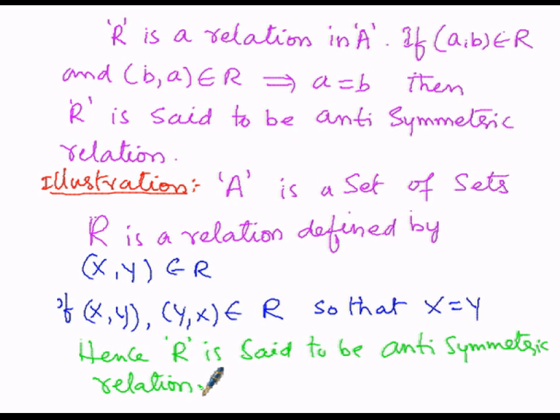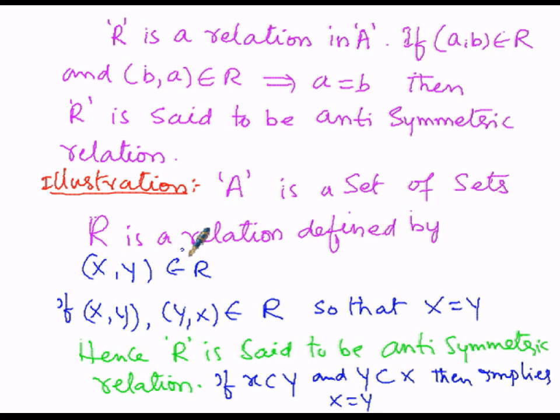If x, y belongs to R, that is defined when x is a subset of y and y is a subset of x, then x equals y. If x, y and y, x belong to R so that x equals y, then only R is called anti-symmetric.